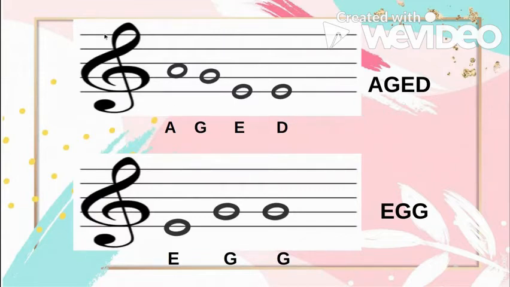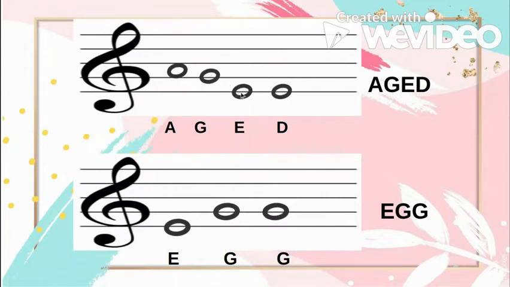So this one we're going to use, what's this? This is G clef. Now, do you know that we can also form a word using the musical staff and the F clef and the G clef? Yes, we can. You can actually use any musical symbols, rests or notes.